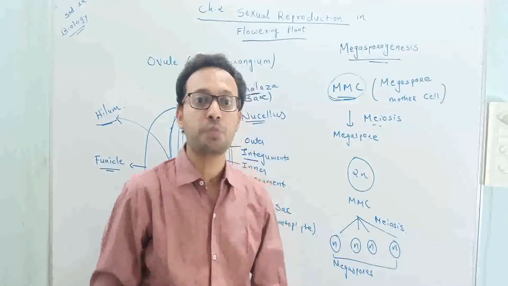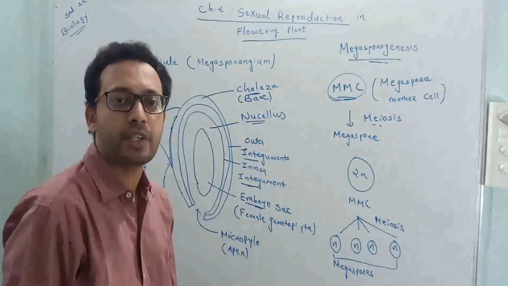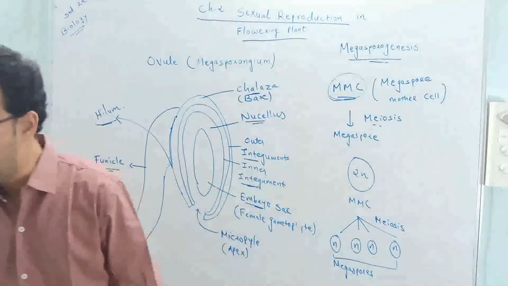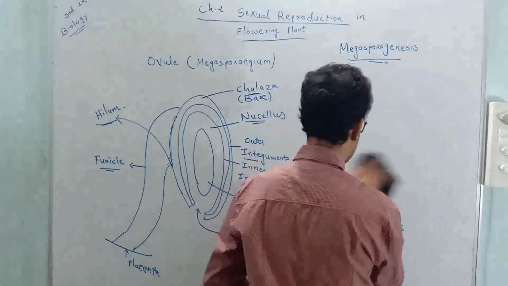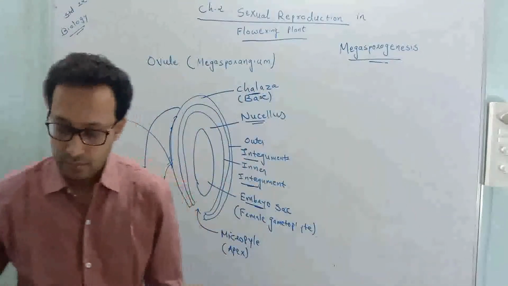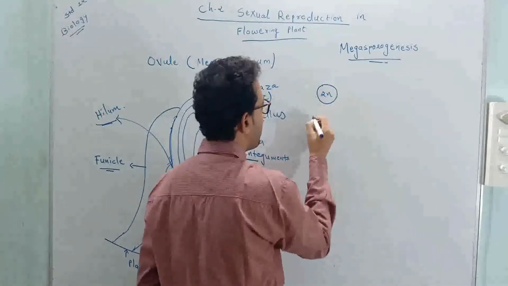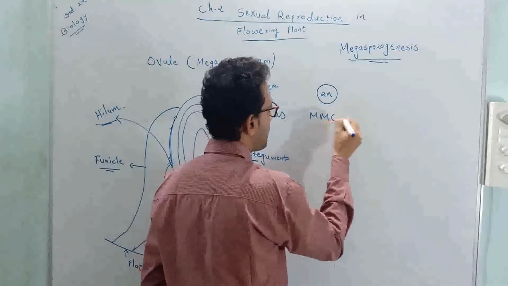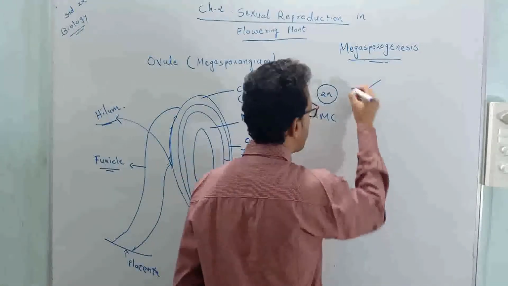Now what happens to this megaspore, and how does the embryo sac or female gametophyte develop? So let's move ahead. Briefly, this is a 2n megaspore mother cell. It divides by meiosis.